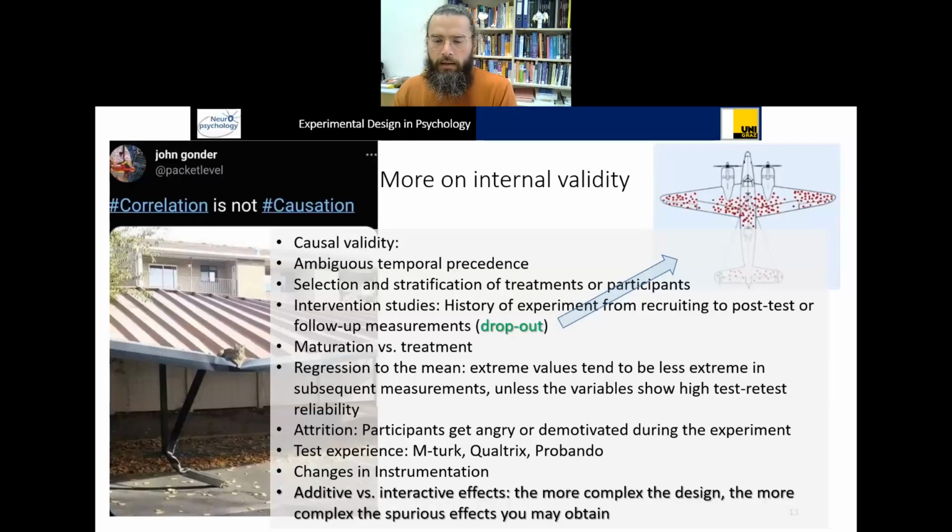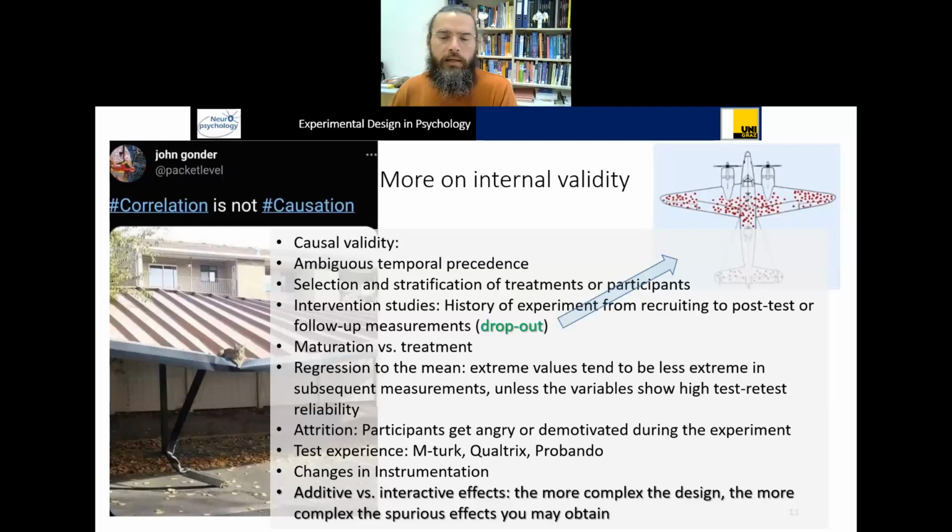So if you want to compare children with reading disorders with other children without reading disorders, the participants you will recruit will have or not have the reading disorders, and all other characteristics of participants, a history of failure in school or a history of stress while learning, and all these personal variables connected to them, you cannot get rid of. And so this is an important determinant of the causal validity in your experiment.